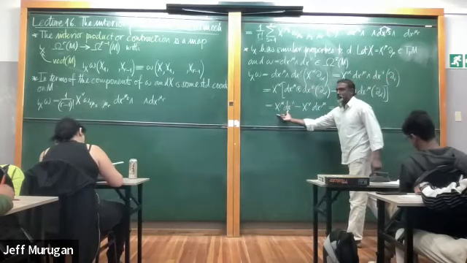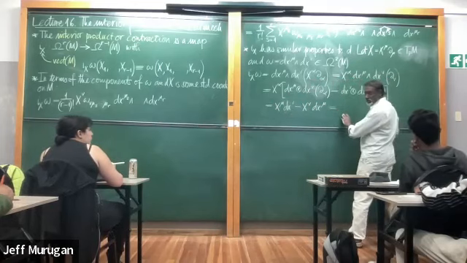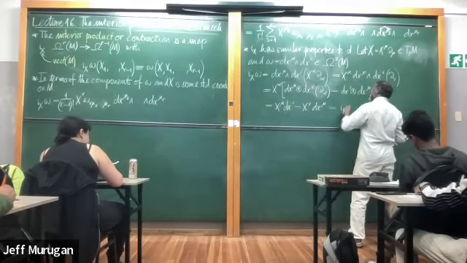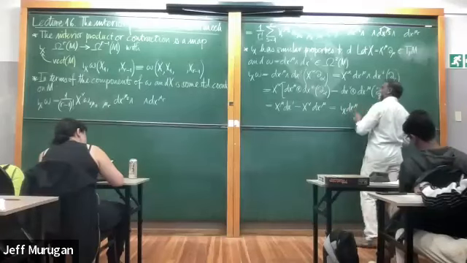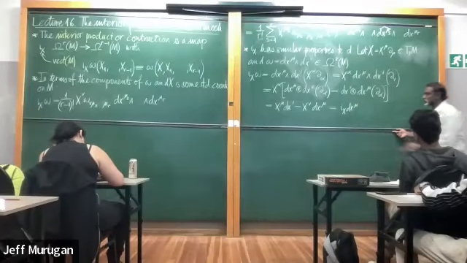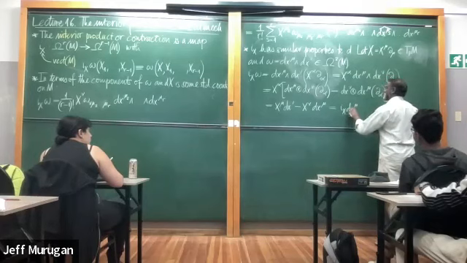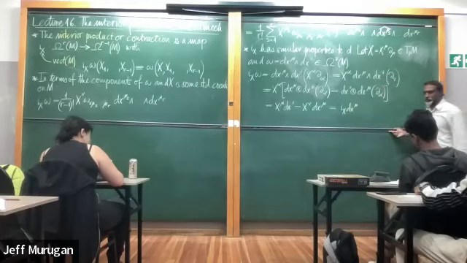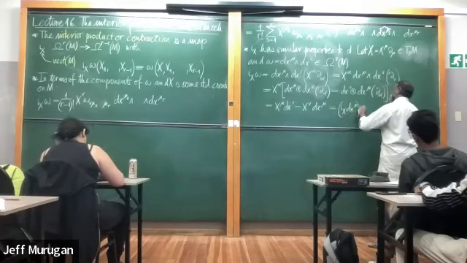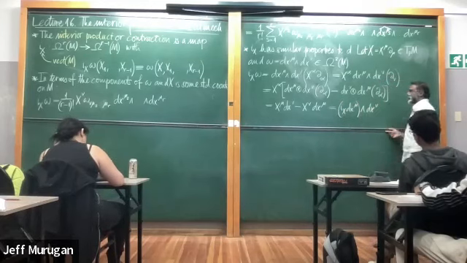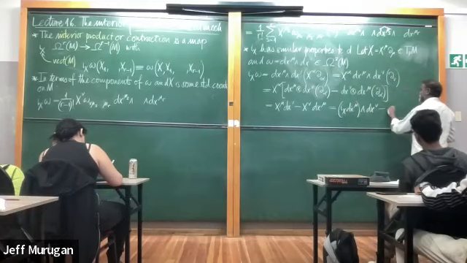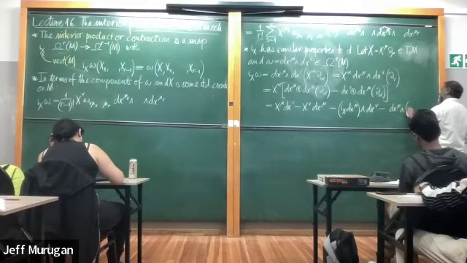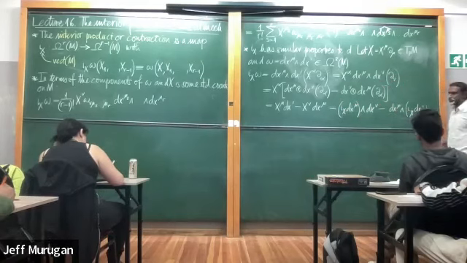This term here is what I would have gotten had I acted with Ix on dx mu, and then wedged with dx mu, minus dx mu wedged with Ix dx mu.